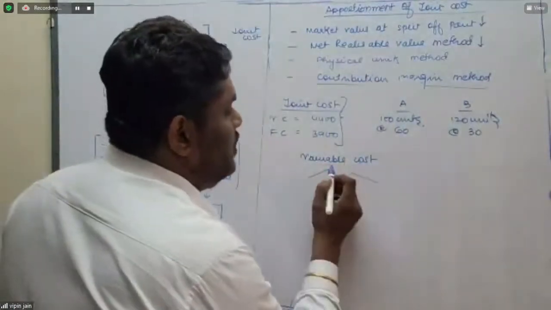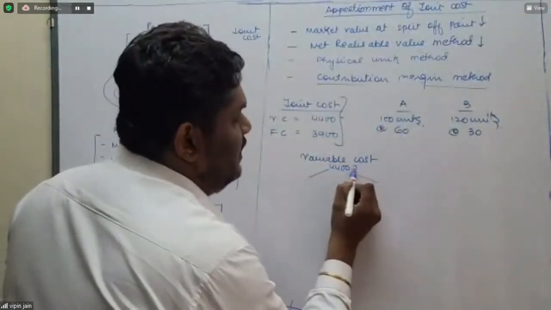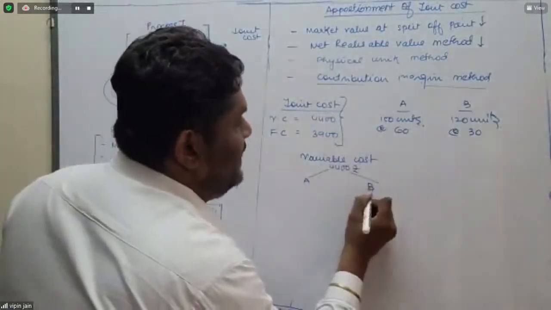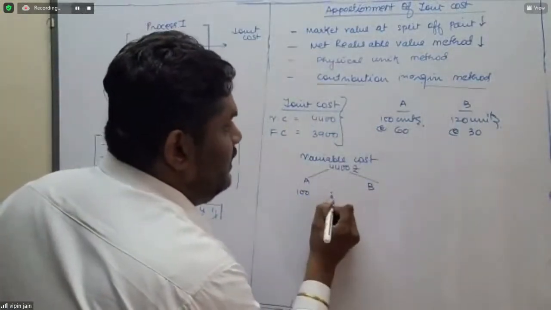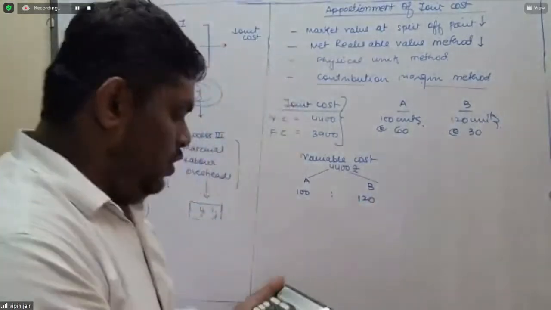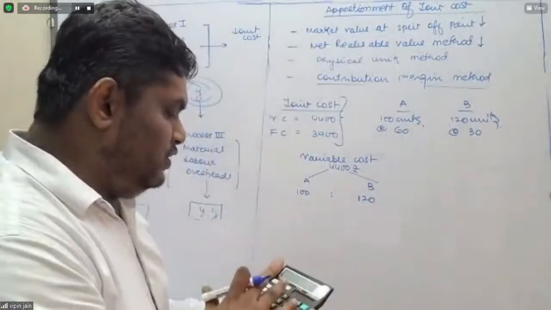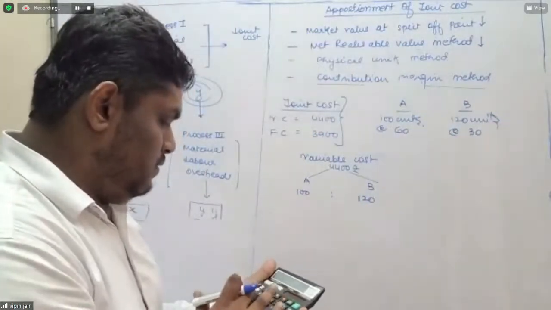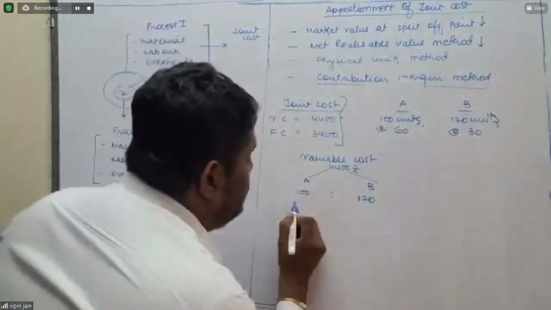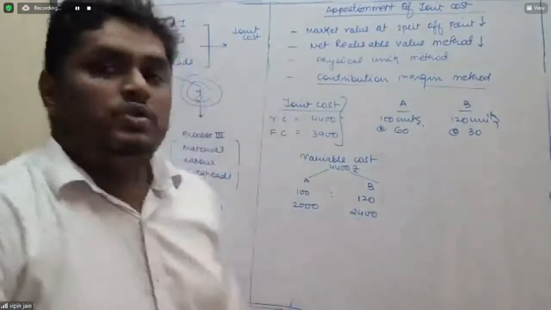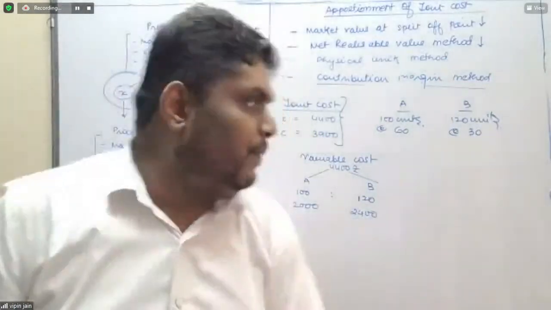So the variable cost is 4,400 rupees. It will be apportioned in the ratio of physical units, that is A and B, 100 is to 120. So 4,400 will be apportioned in the ratio of 100 is to 120. This will be 2,000 and this will be 2,400. So this is how the variable cost will be apportioned.